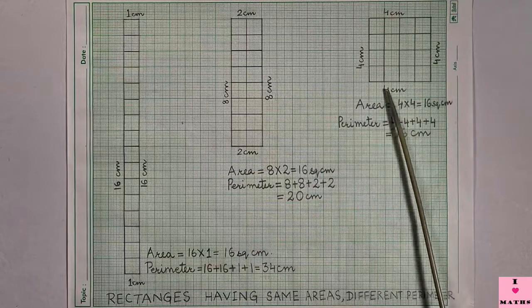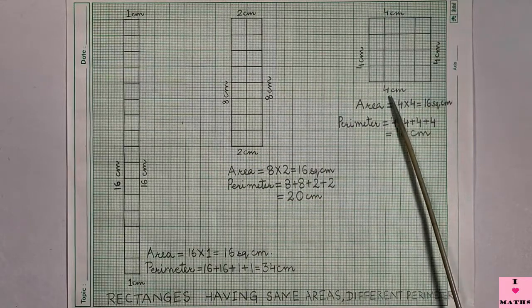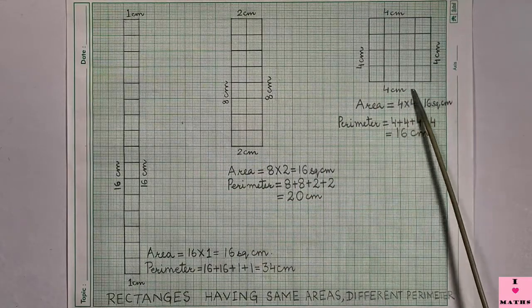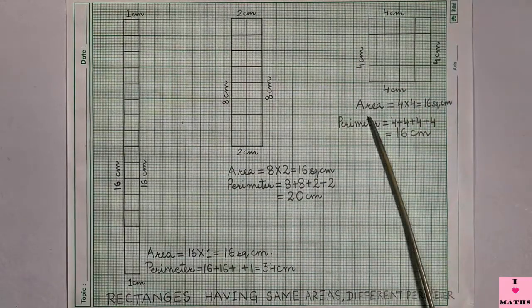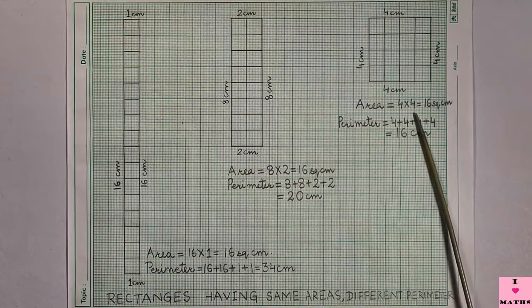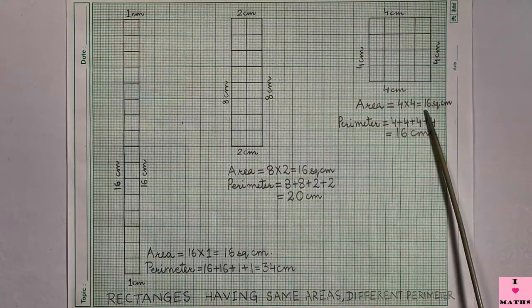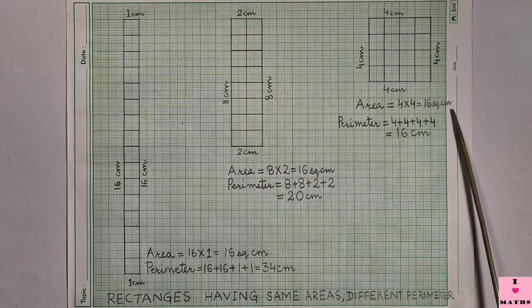Now look at the area of this square. The length is 4 centimeter, breadth is also 4 centimeter. So area is equal to 4 multiplied by 4, equal to 16 square centimeter.